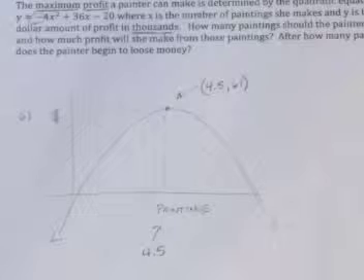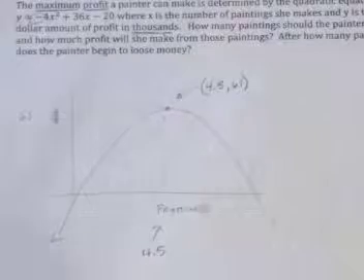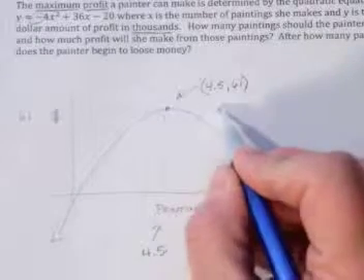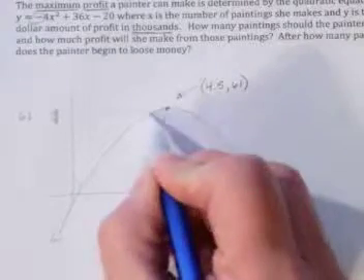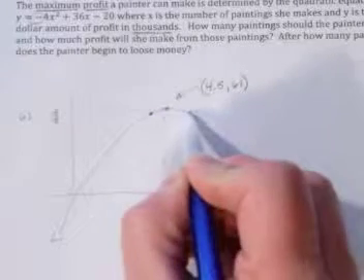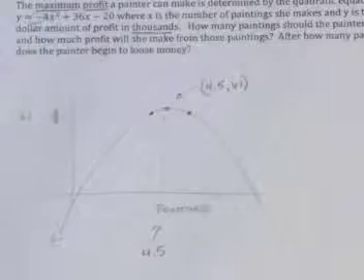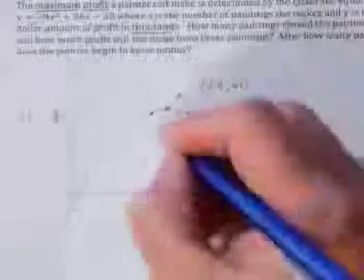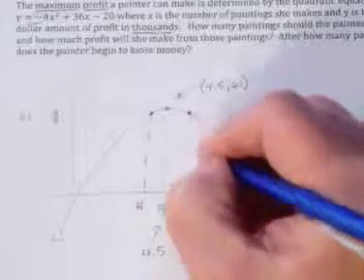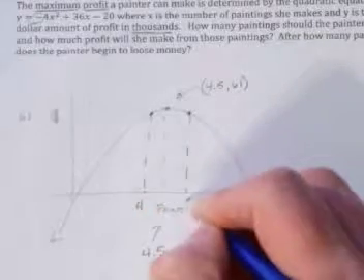The problem with this is that it's difficult to make half of a painting. So my advice to the painter would be to make very close to that, which would be either 4 paintings or 5 paintings. And that should maximize her profit.